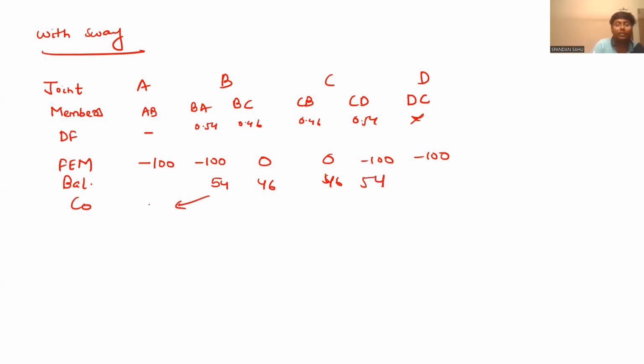It will be 27 here, and here it will be 23 and 23. Balance. Now 23 is coming, so minus 23 is needed. Minus 23 into 0.54 will be minus 12.4.